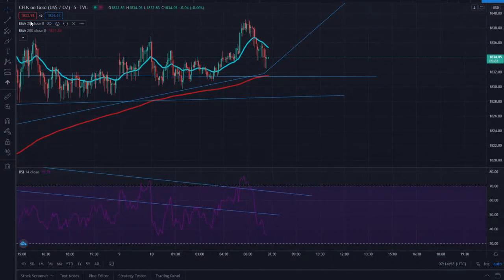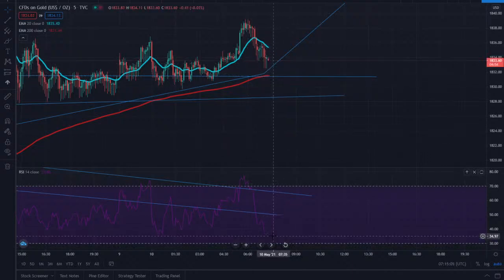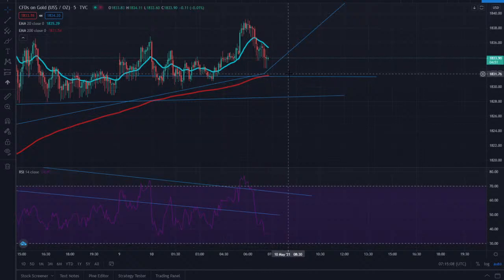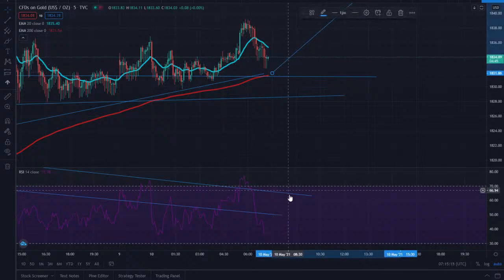So on the 5-minute chart, we are staying trading above the 200 EMA, and the RSI is pretty low at the moment. We might still go lower and hit the 200 EMA and roughly the support line, and then go higher from here, which at this moment could be a trade.